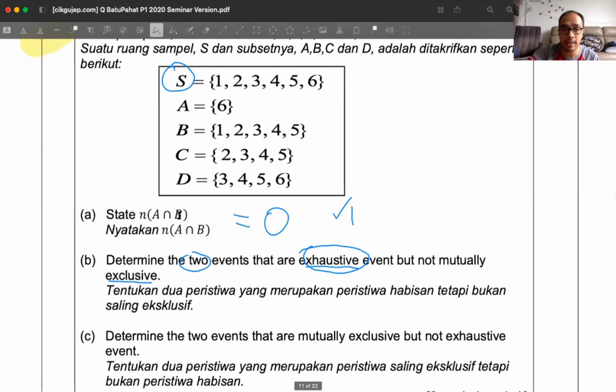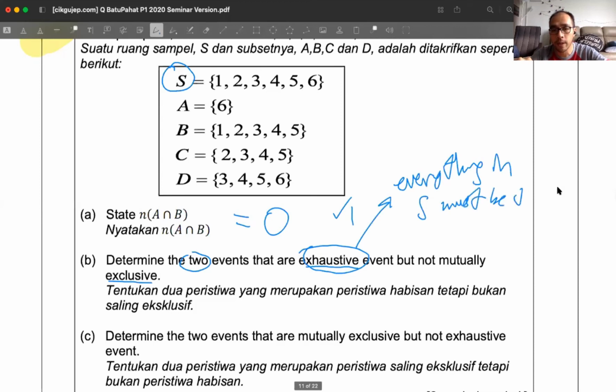A and B are mutually exclusive because nothing is the same. Exhaustive means everything in S must be there. Not mutually exclusive means there is a repeat, if you want to put it in very simple terms. In both sets there is the same element.